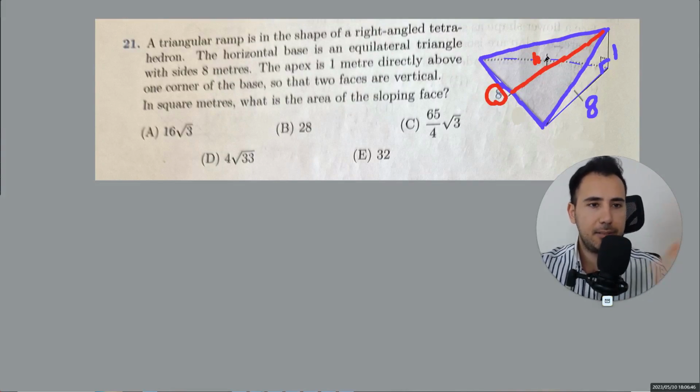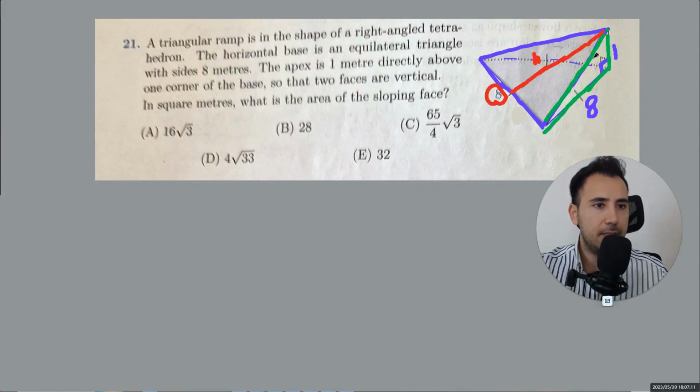Height times 8 divided by 2 will be the area. Now you see that here we have this one 8, but we're trying to find this green one. But this green one is the hypotenuse of this green triangle.